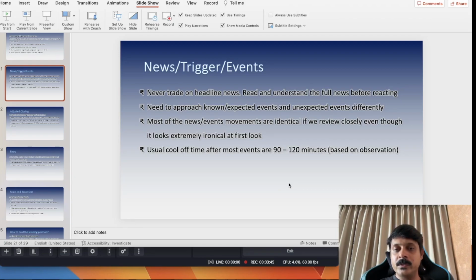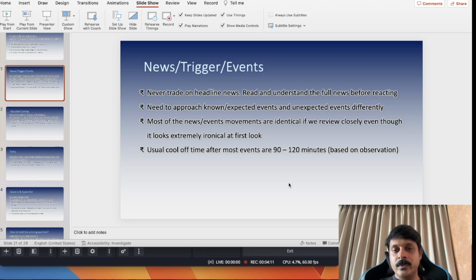One thing you can do is go back to the previous charts and previous event days and analyze them. Before every budget day, I go through the last 5 to 10 years. I have a collection of about 10 years of budgets which I post on Twitter before every budget, to see how the budget was and how the movement was. Similarly for elections, we have the parliament election in 2024.